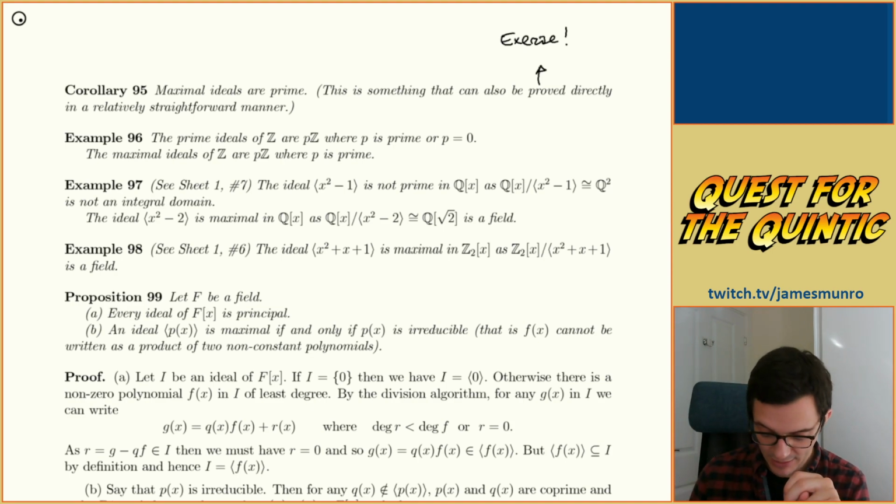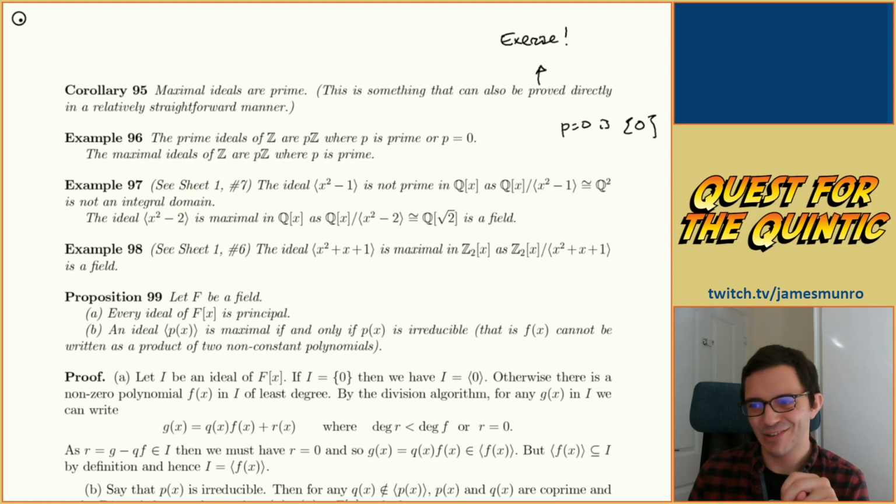Wait, what is P equals 0? It's just the set containing 0. That's prime, because if two things multiply to give 0, one of them has to be 0. Huh, that's an integral domain.